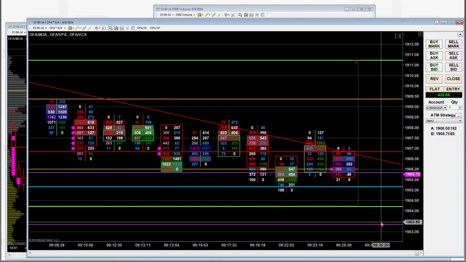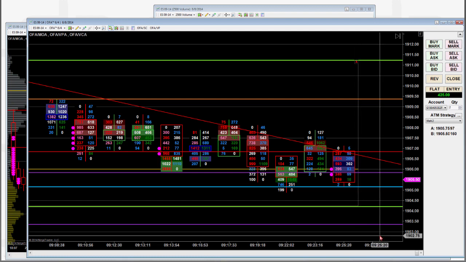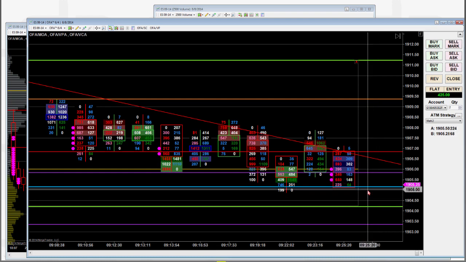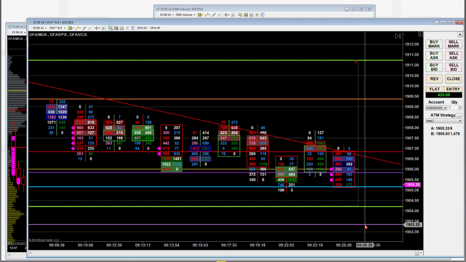Or the pre-market yesterday. Remember in the pre-market yesterday, this price was coming down. As price is coming down, there was a significant buyer that came in at 325.